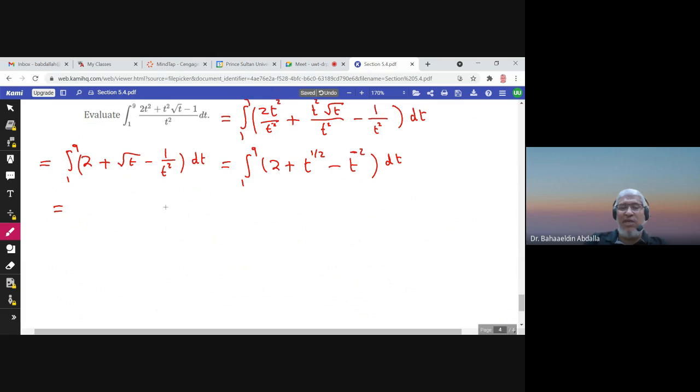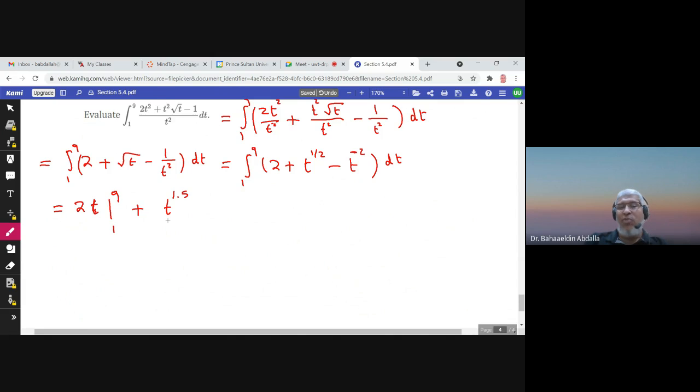The indefinite integral of 2 is 2t, because this is dt with respect to t, from 1 to 9, plus what would be the integral of t to the power half? It would be t to the power half plus 1, over half plus 1, which is 1.5, or 3 over 2.